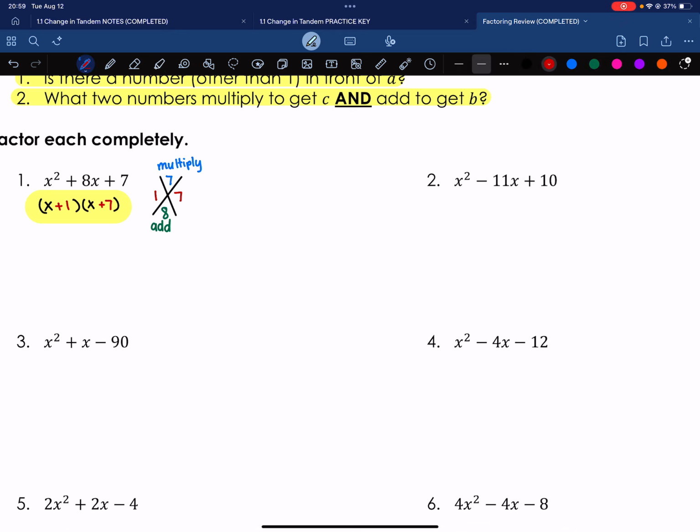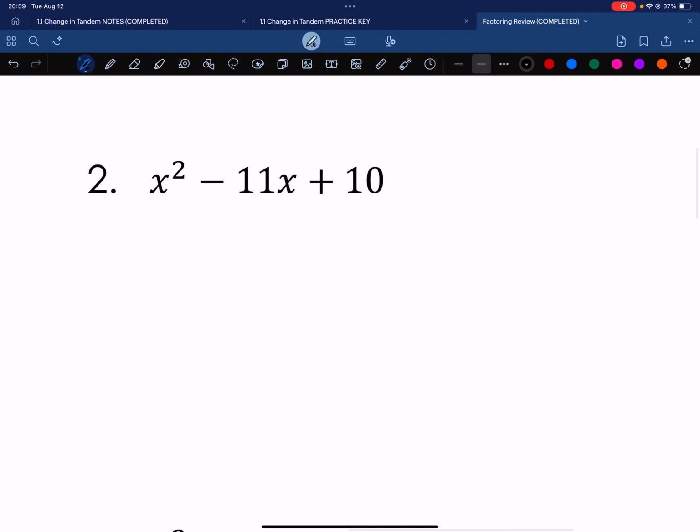So here we go. Again, I like to organize my thinking by putting in an x. We want to multiply to get the last number, which is 10, and then we want to add to get the middle number, which is negative 11. So multiply to get a positive 10, but when we add those same numbers, we're getting a negative. If I'm multiplying to get a positive, but when I add I get a negative, that means both of my signs are going to be negative.